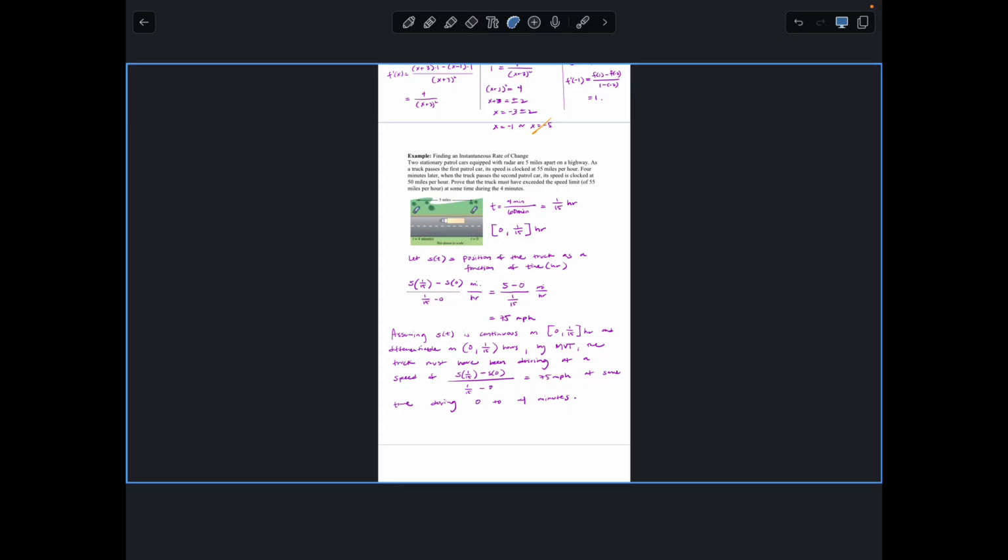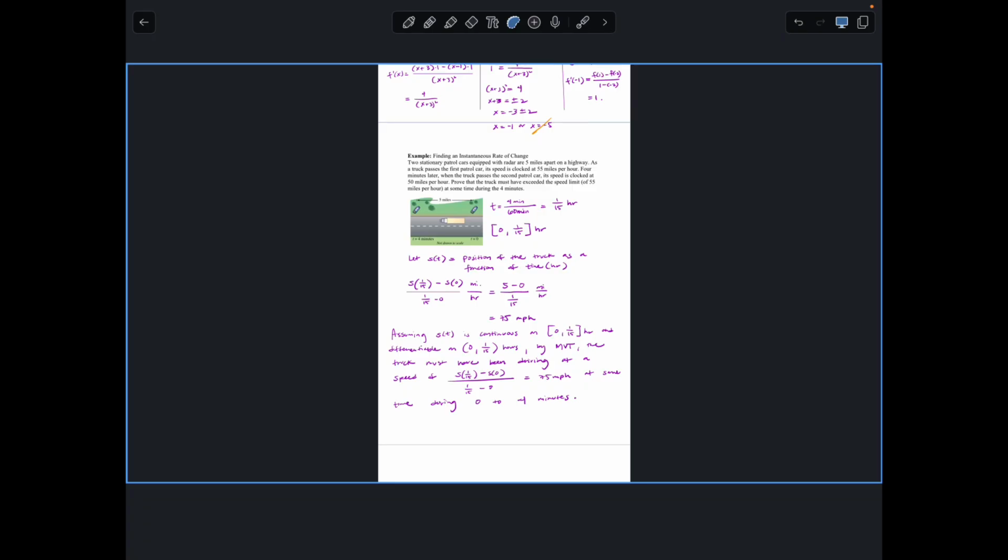This is more of a textbook problem. Is there proof that the truck was speeding? By the mean value theorem, yes, there would have to be a time between 0 and 4 minutes of the truck driving when the truck would have to be driving 75 miles per hour, which is definitely more than the speed limit of 55 miles per hour.